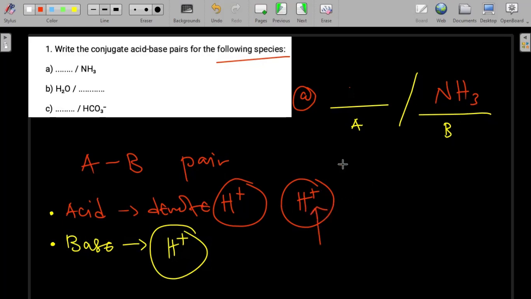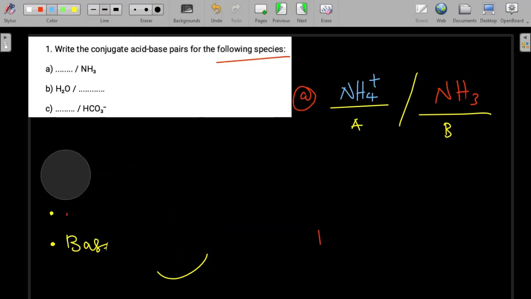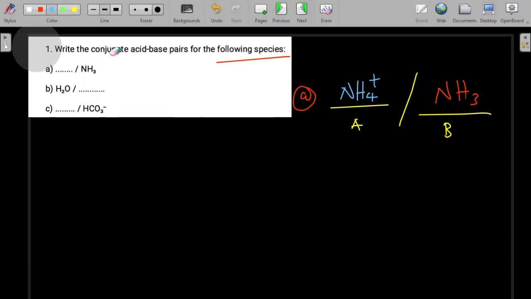So for the acid, I'll just add a hydrogen to this. It will be NH. I've added another hydrogen; there were 3, but now there are 4. But this hydrogen comes with a positive charge, so this will be positive like this. For the first one, that's our acid-base pair.